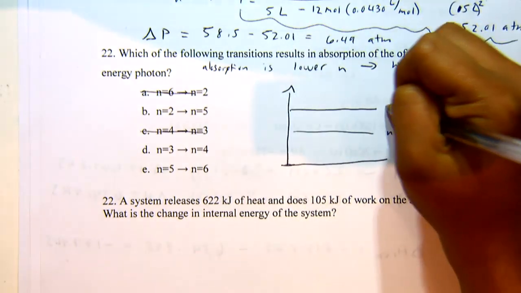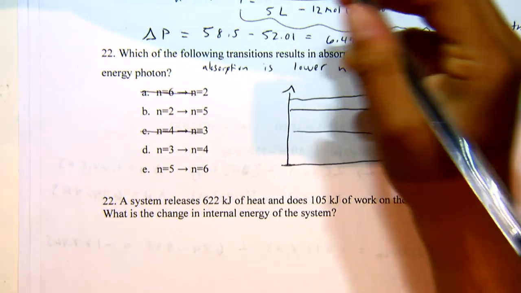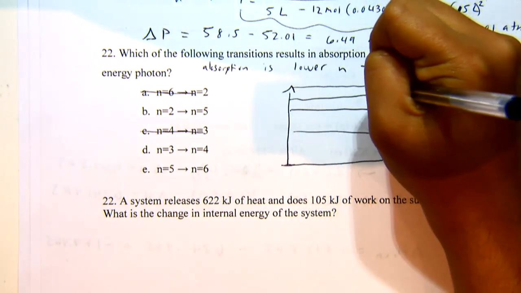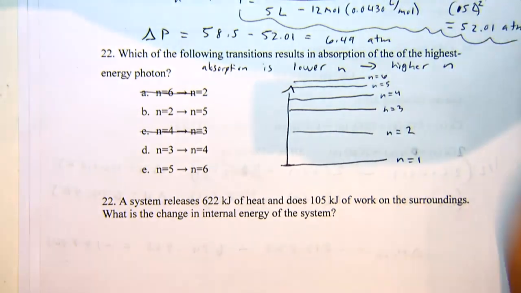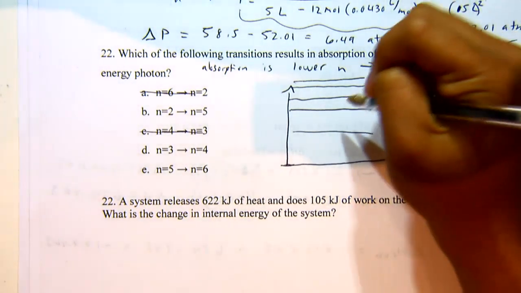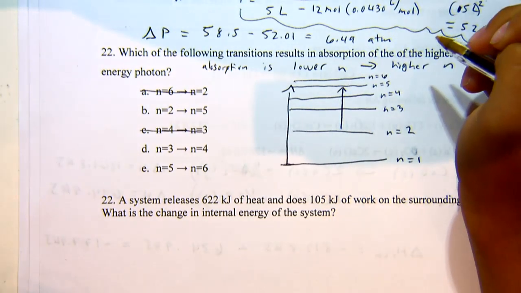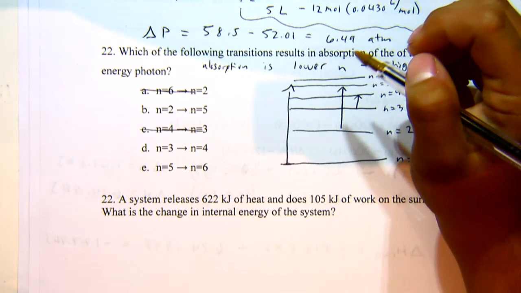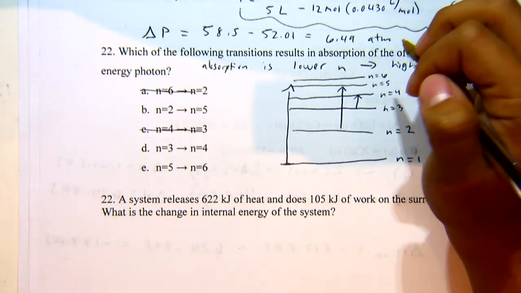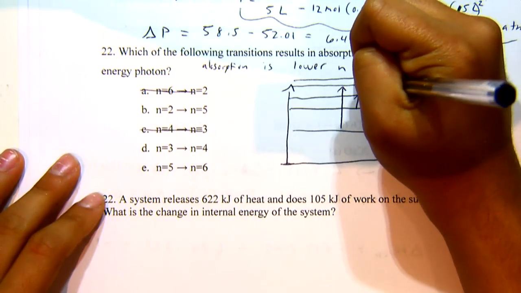Be like n equals 3 here, n equals 4 here, maybe 5, and even closer, n equals 6. So from 2 to 5 would have a jump like this. From 3 to 4 here, and then from 5 to 6, it would be here.